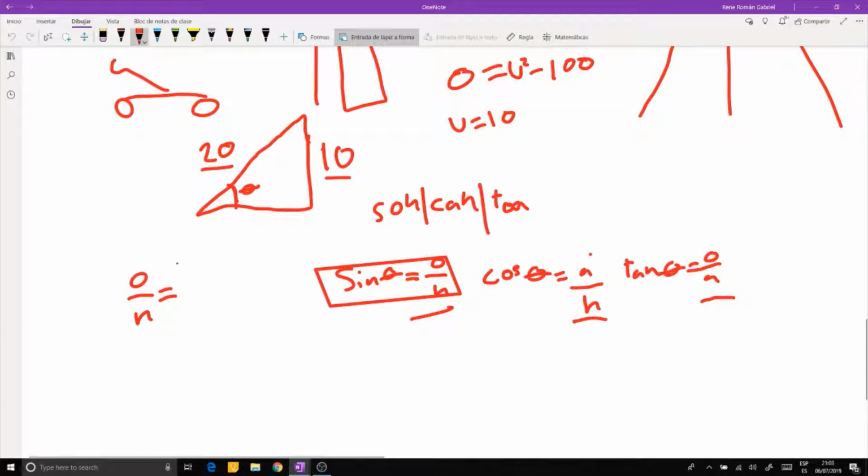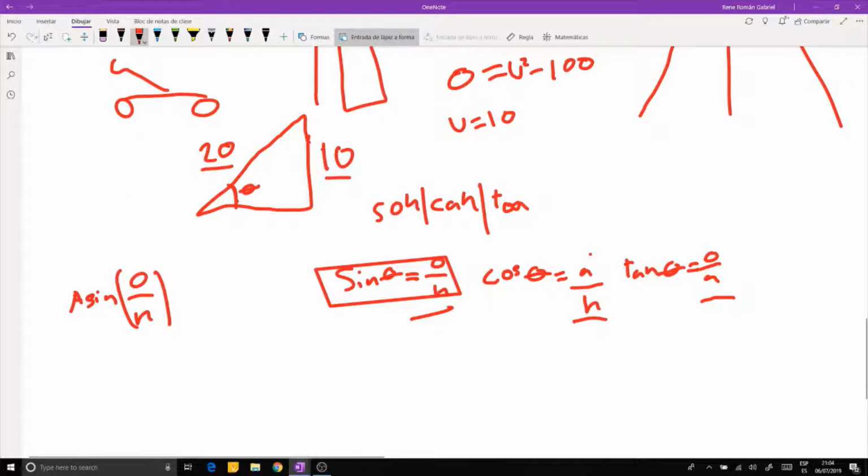Basically, we put the opposite over the hypotenuse inside the arc sine. And arc sine is simply an inverse sine.